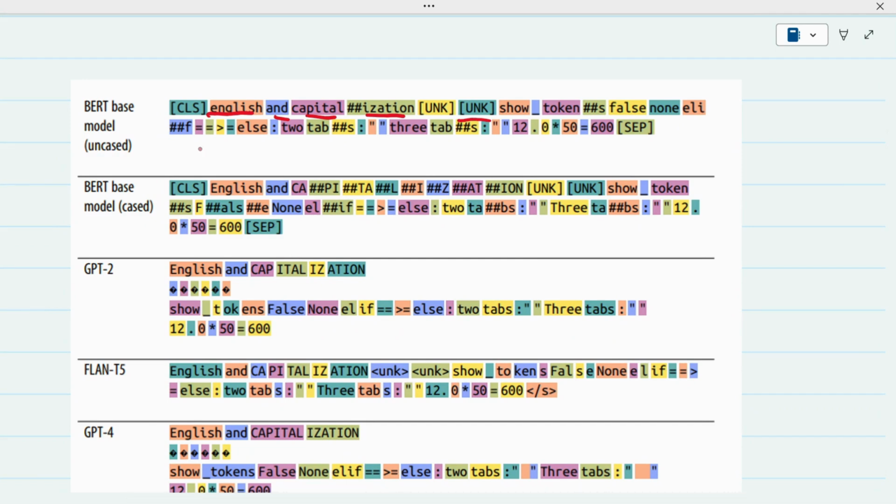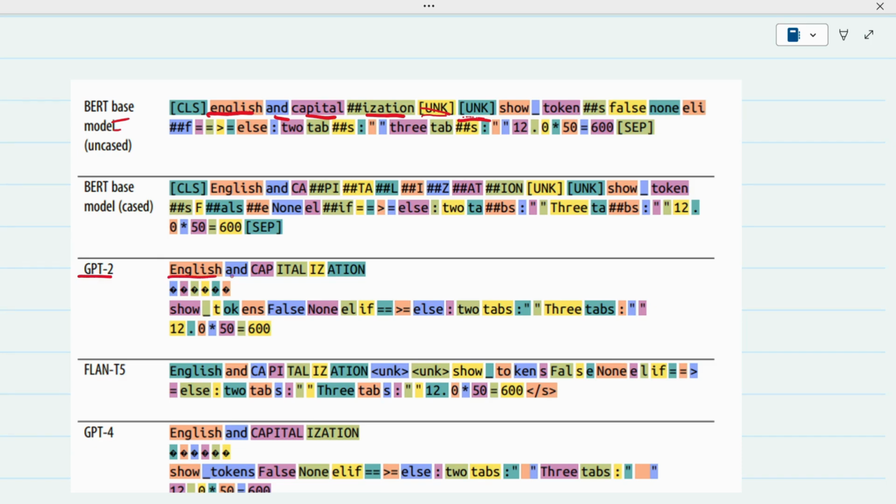As you can see here, a BERT-based model tokenizer looks something like this. Here the sentence is "English and capitalization unknown". There are some characters here that the tokenizer converts into an unknown token. Then we can also see how GPT-2 processes the text.